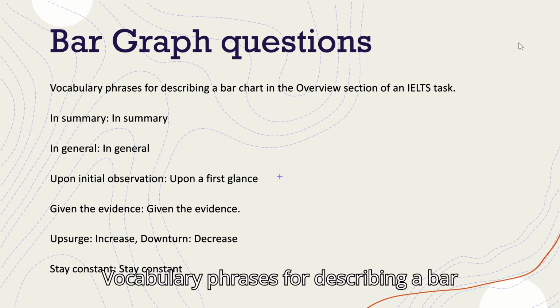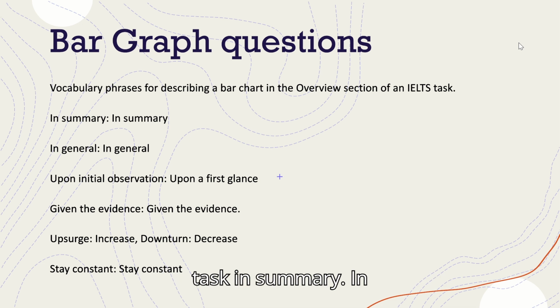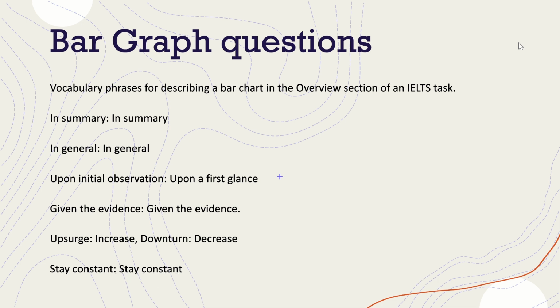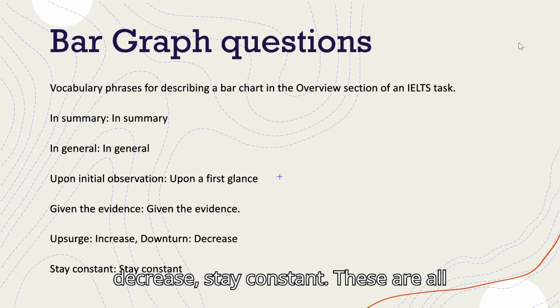Vocabulary phrases for describing a bar chart in the overview section of IELTS Task 1: in summary, in general, upon initial observation, upon first glance, given the evidence, upsurge, increase, downturn, decrease, stay constant.